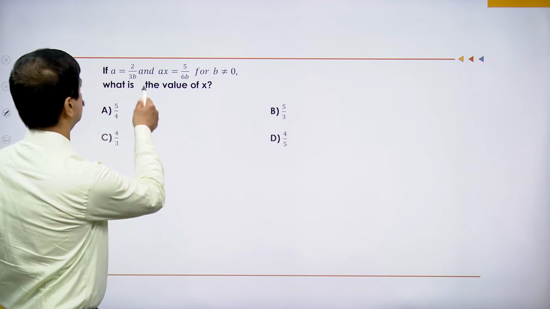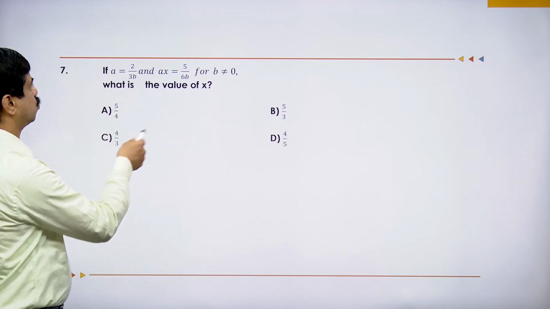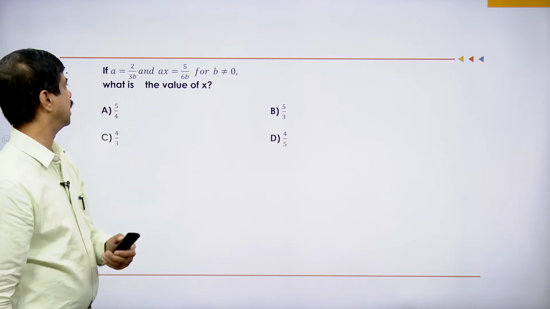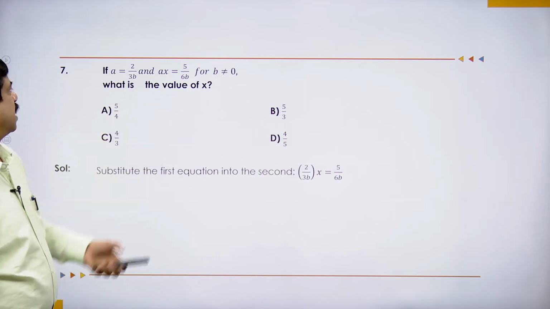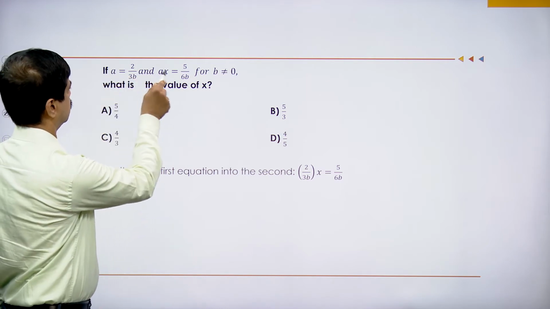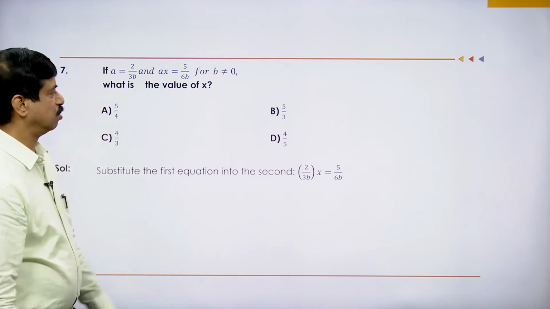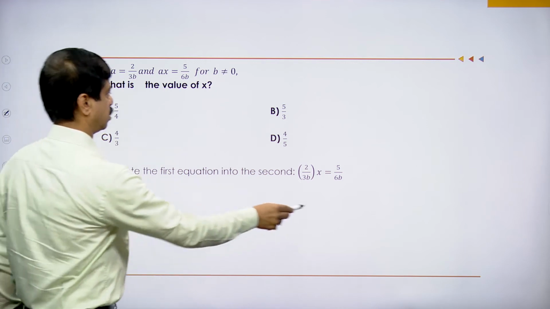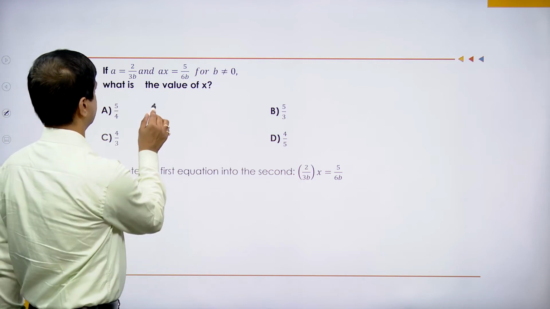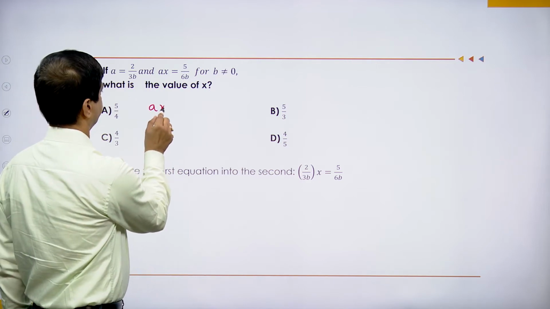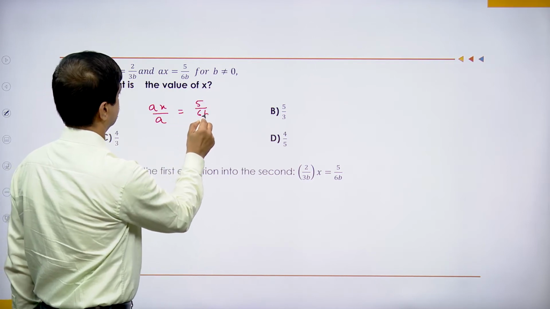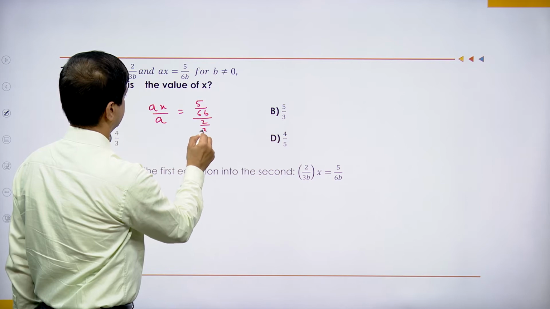So we need to eliminate a and b to get the value of x. To get the value of x, eliminate a and b. So how do you eliminate a and b? You simply divide this by this, you will get that, isn't it? So this is one of the ways we are working on. Now the other way is what? Simply if I divide ax by a equal to 5 by 6b by 2 by 3b.